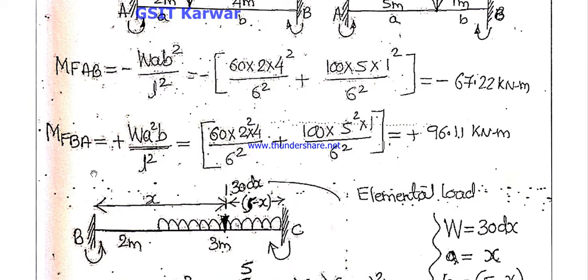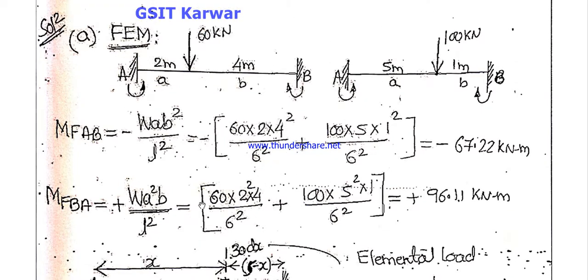Next, similarly, we are going to calculate fixed end moment BA by using the formula WA square B by L square. Here also you can substitute the given data and calculate the answer.